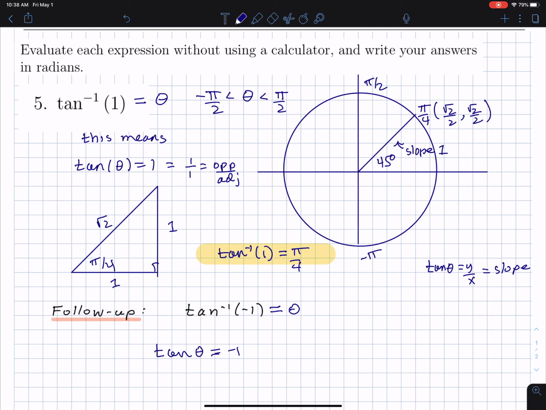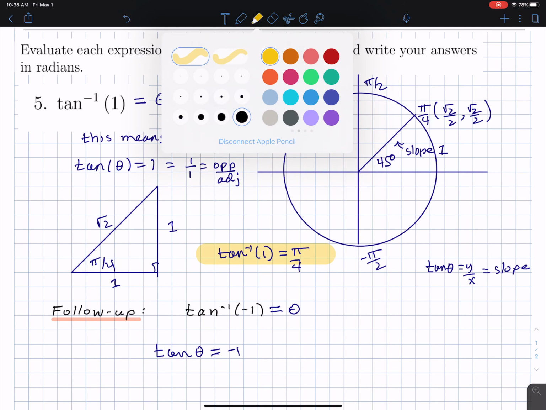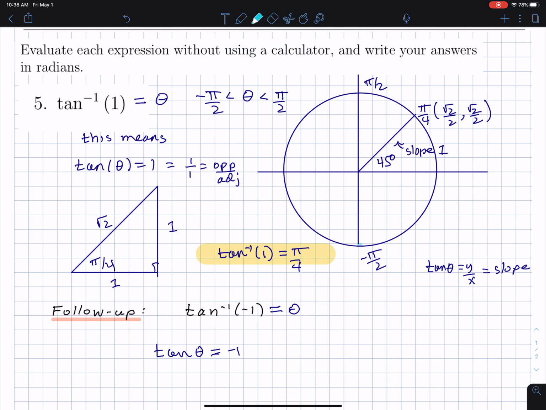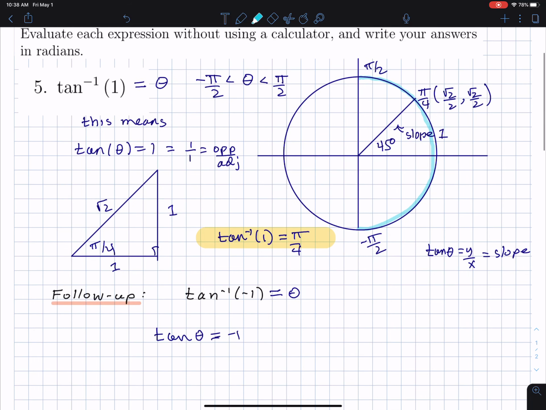So the places we're allowed to look for our answers or our output for tangent inverse are only between negative pi over 2 and pi over 2, not including pi over 2, because tangent pi over 2 is undefined, and tangent negative pi over 2 is undefined.